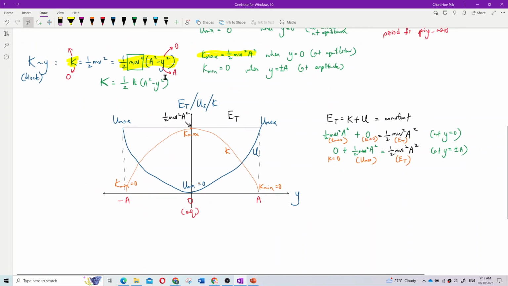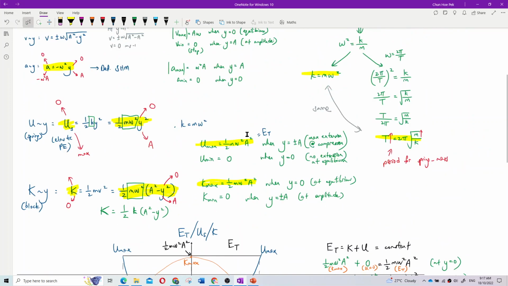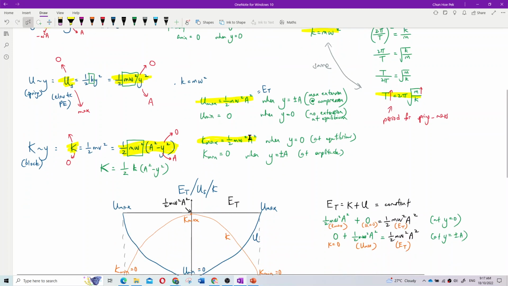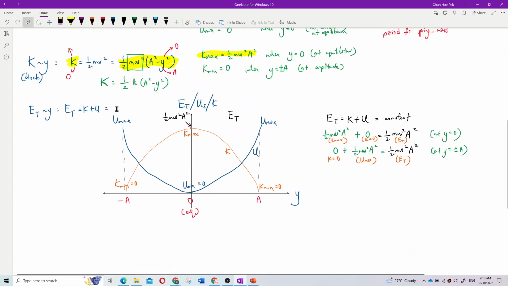So we got one more equation for total energy. One more equation for total energy versus displacement. I can put it. So the total energy is always K plus U, equal to half m omega square A square. I need to adjust the whole thing a little bit down. Oops, wait, let me put it somewhere first.